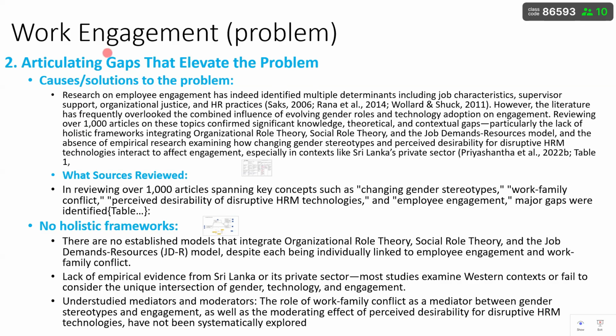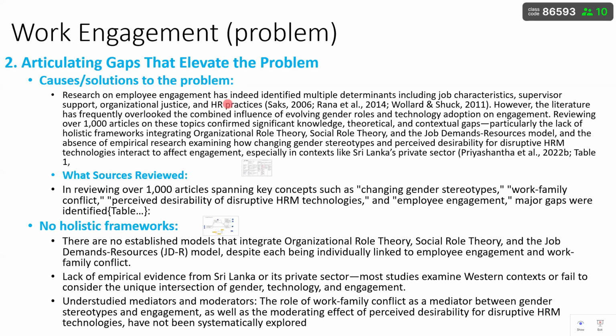You need to conceptualize the work engagement problem, right? What are the possible causes and how can it be solved? Keeping that in mind, you can again read the literature, so you can simply understand the causes or solutions to the problem.